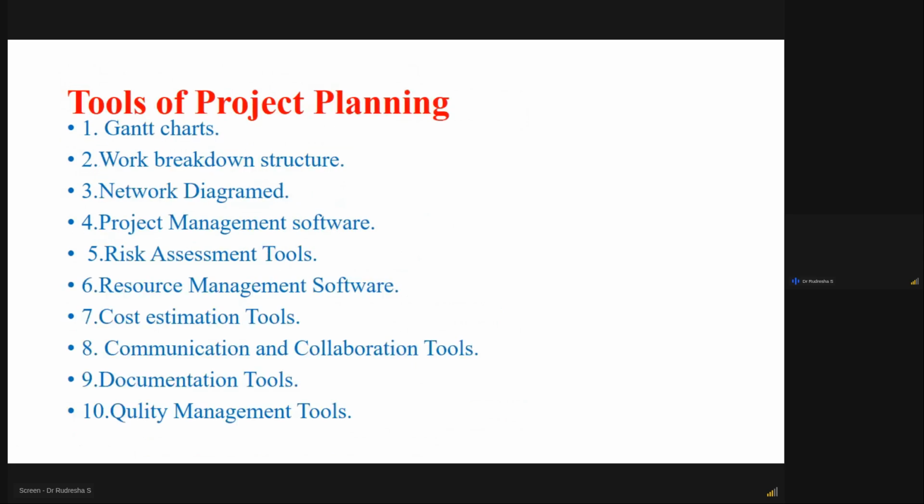Tools of project planning: Gantt charts, work breakdown structure, network diagrams, project management software, risk assessment tools, resource management software, cost estimation tools, communication and collaboration tools, documentation tools, quality management tools.